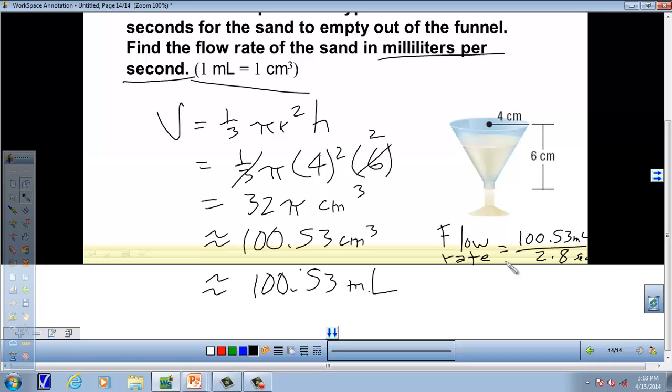So if we divide those two, I'm going to get my calculator out again. Again, use the number that's on your calculator, not 100.53. And you get approximately 35.90 milliliters per second.